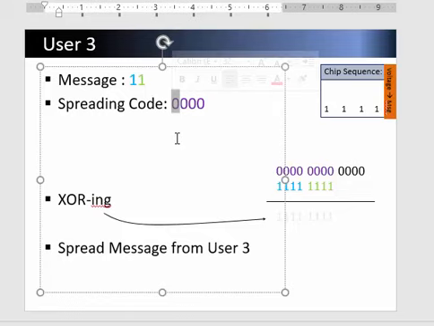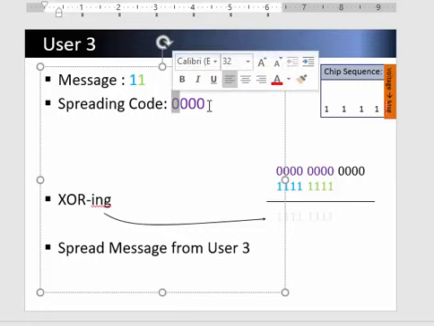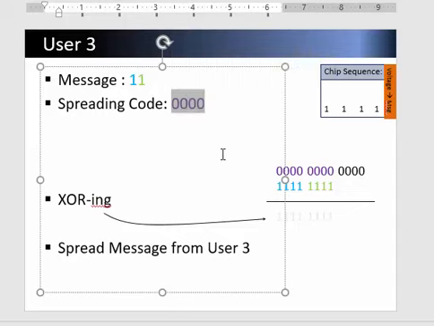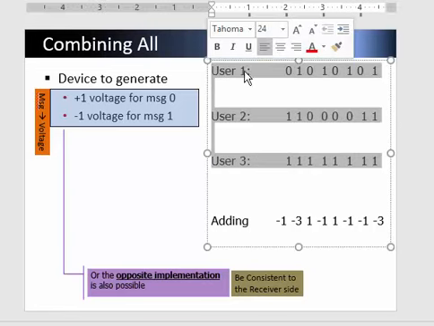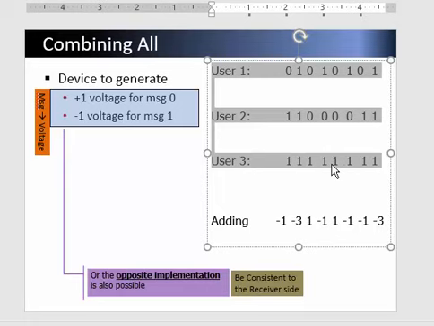And if we have 8 senders maximum, then we need to double this. Okay. So having those 4, the result of the exclusive OR operations.